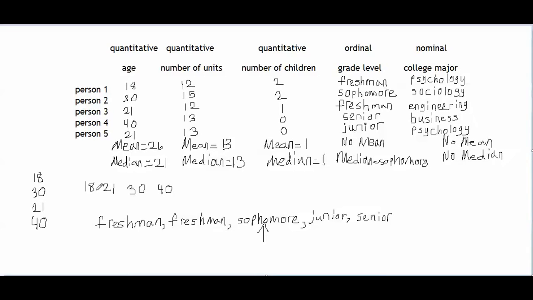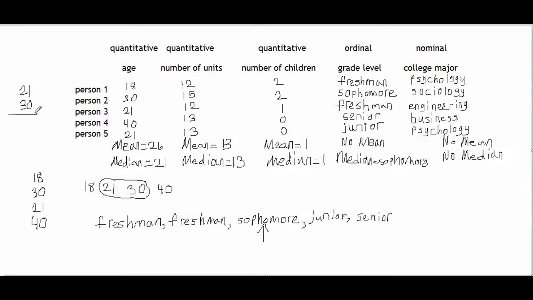Notice that when we have 4 values, we have 2 middle numbers. Whenever you have an even number of numbers, you have 2 middle values. How can we find the median if we have 2 middle values? What you do is you add the 2 middle values and divide the total by 2.